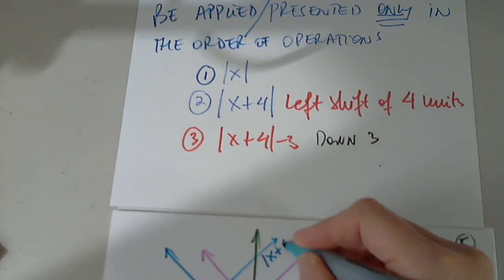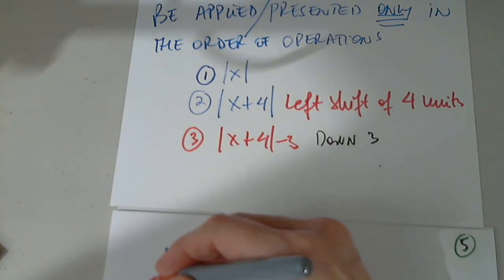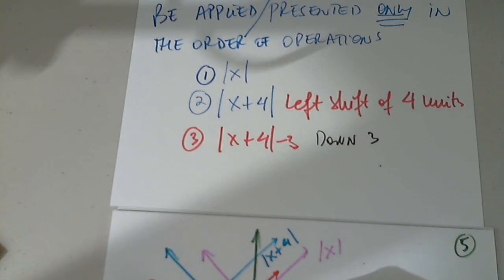So this is the absolute value of x plus 4. And now you told me shift it down 3. Fine. I will. This is the final function. You don't have to do that. I just want to make sure that it's clear which one is the final function. The absolute value of x plus 4 minus 3.